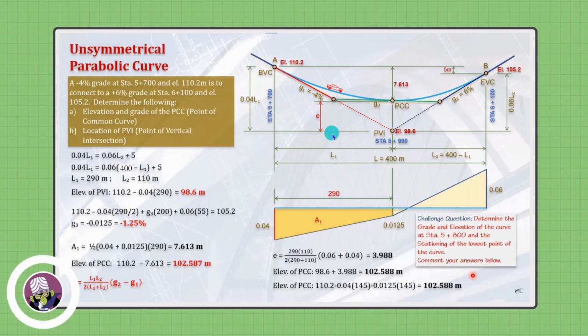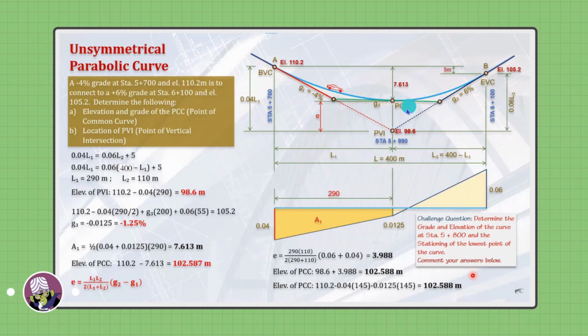We use this L1 over 2 plus G3 times 200, because in between here is L over 2, because if we add L1 over 2 plus L2 over 2, it will give us L over 2. So L over 2, where L is 400 meters, will give us 200.